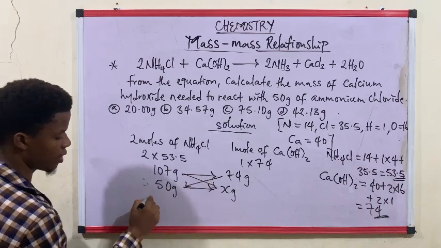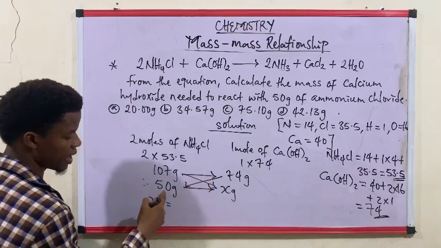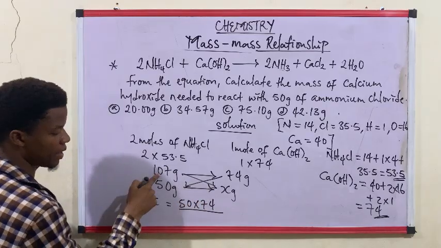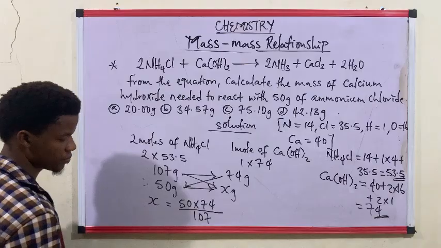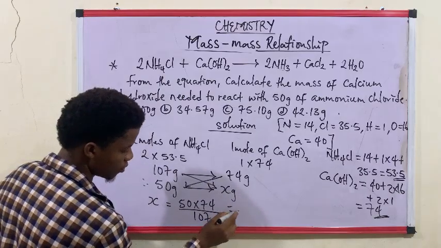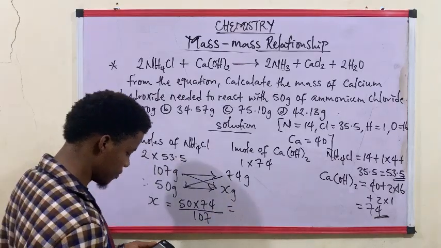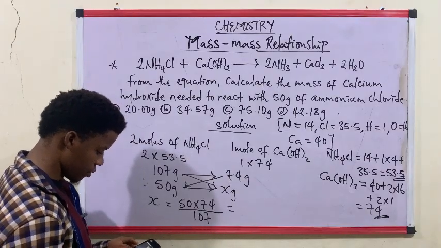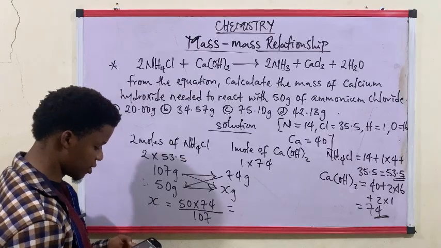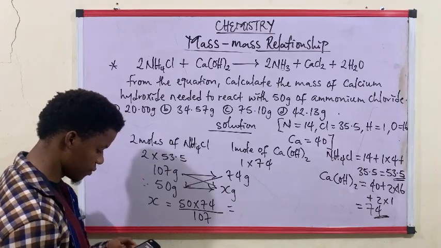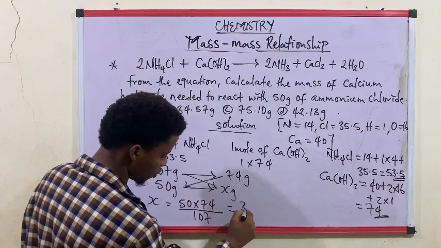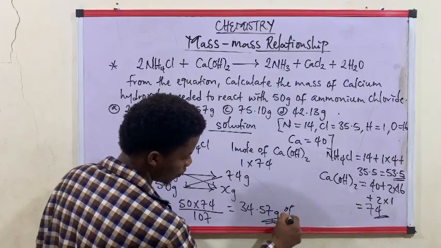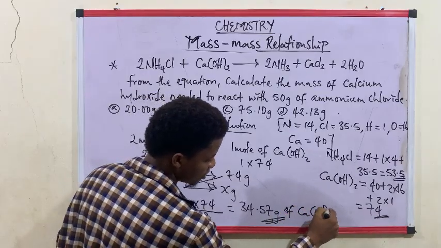We're going to have x is equal to 50 times 74 divided by 107. 50 times 74 is 3,700, divided by 107, which will give us 34.57 gram of calcium hydroxide.